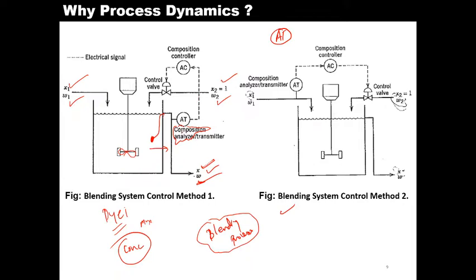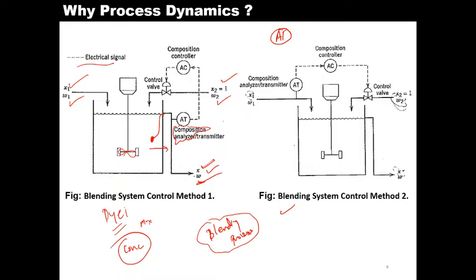So this is the composition analyzer, represented in the circle AT, and its role is to act as a sensor or transducer, since it measures the concentration and converts the signal into an electrical signal.